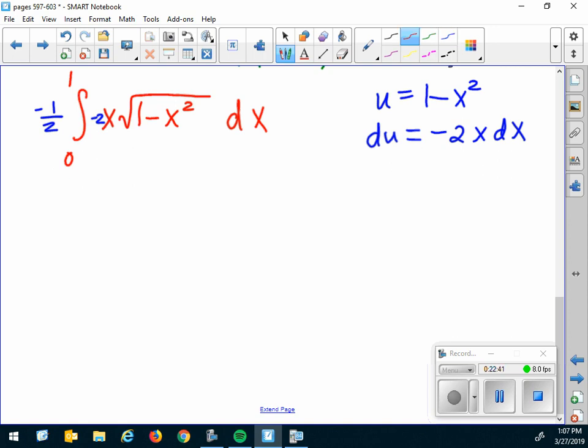So this is going to become negative 1/2 times the integral. Now I'm not going to put 0 to 1, and I will explain why in just a second. This piece right here is going to become square root of u, correct? And then this piece here and here becomes du. So this becomes square root of u du.